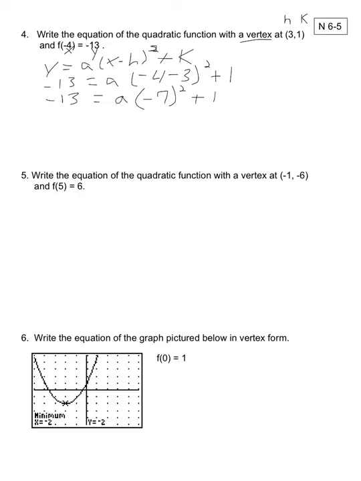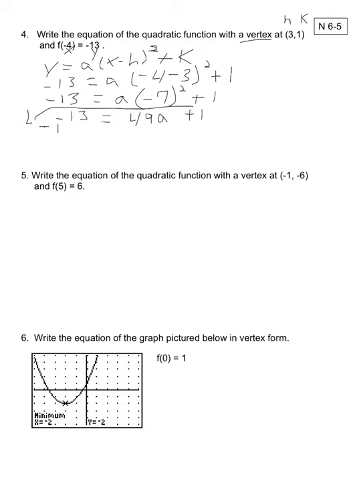Okay, now we have to do, please excuse my dear Aunt Sally, that PEMDAS. So exponents come next. Negative 7 squared is 49 times a is 49a. Plus 1 equals negative 13. Solving for a, so I have to move that plus 1 across. Becomes a negative 1.